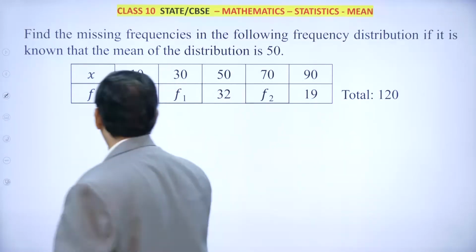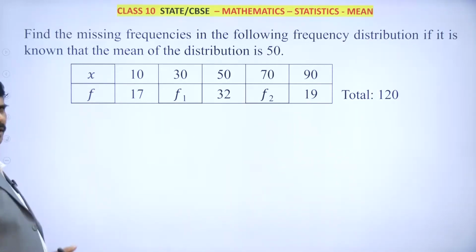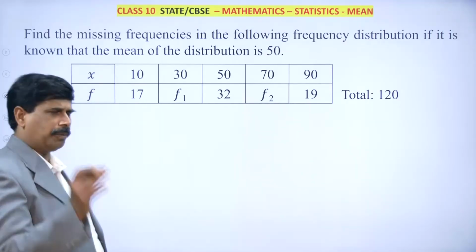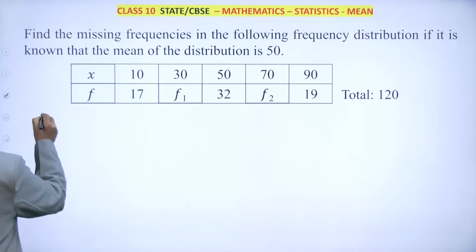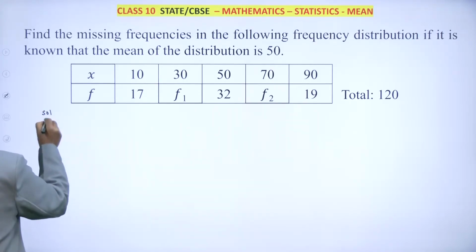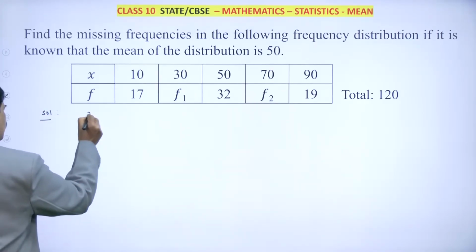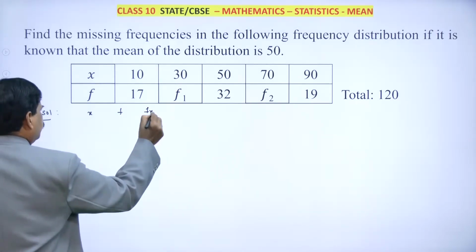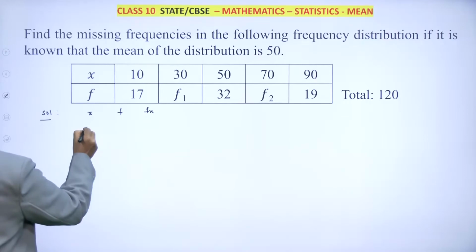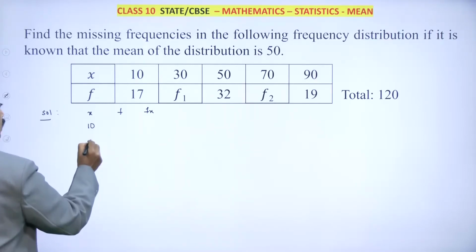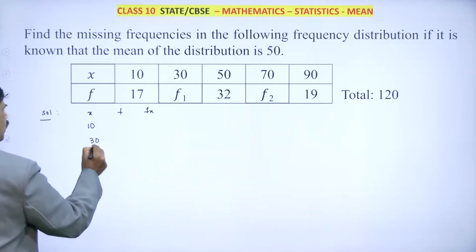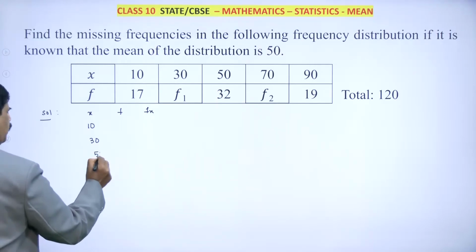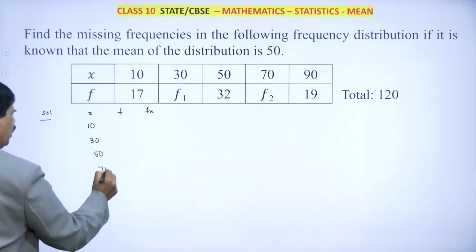First, what we will do, we'll construct one table, children, as usual. According to the procedure, we'll proceed now. So there is x, there is f, there is fx. Okay, the values are 10, 30, 50, 70 and 90.